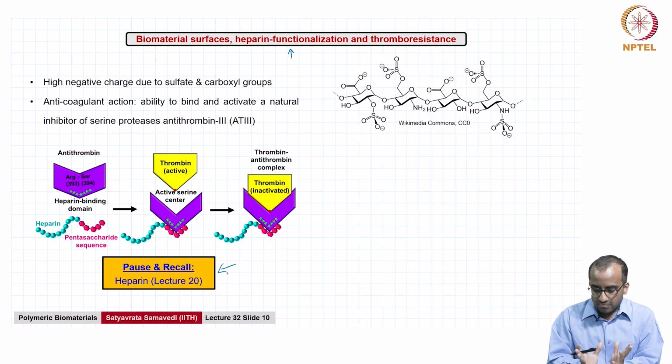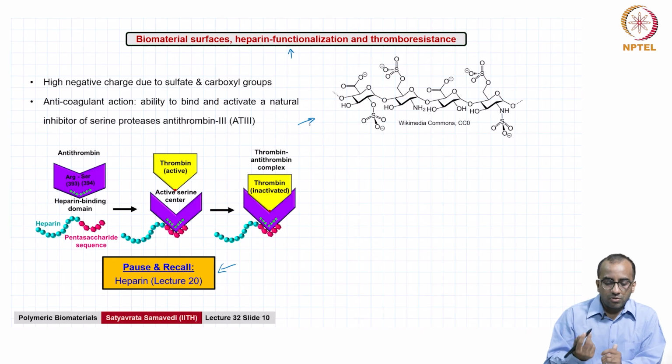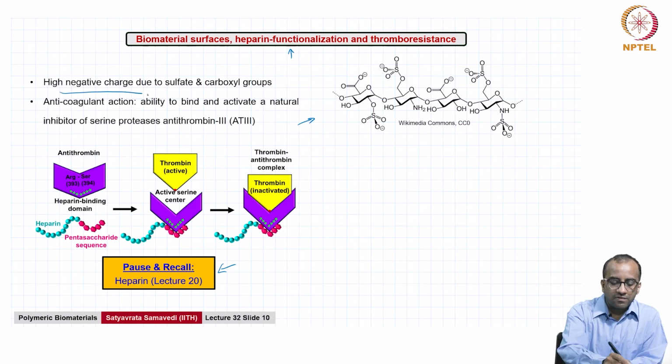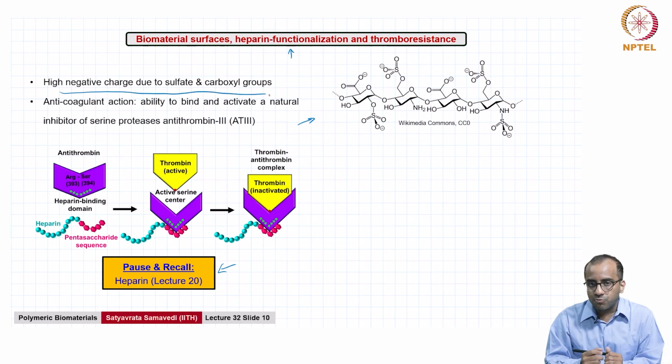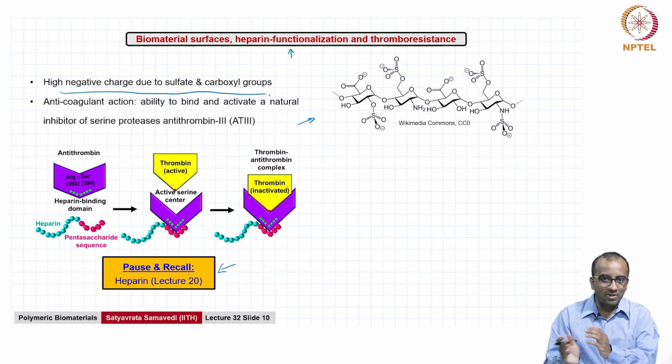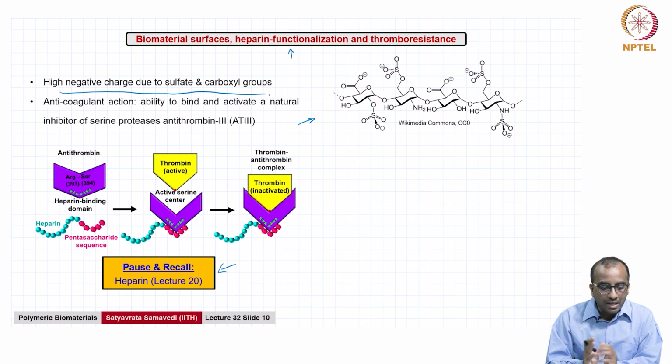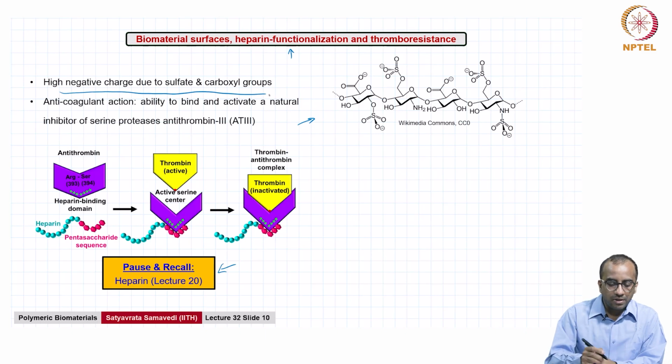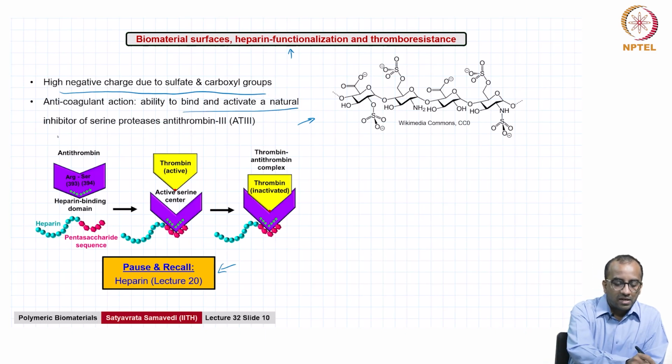Essentially, we are just recapitulating some key aspects here. Shown here is the structure itself. You notice right away that there is a high negative charge due to sulfate and carboxyl groups, which leads to a lot of water binding, which we have already seen can have its own impact on protein adsorption and platelet adhesion.